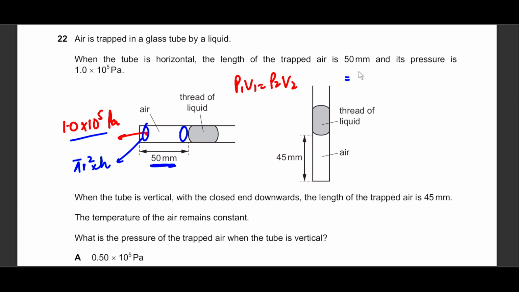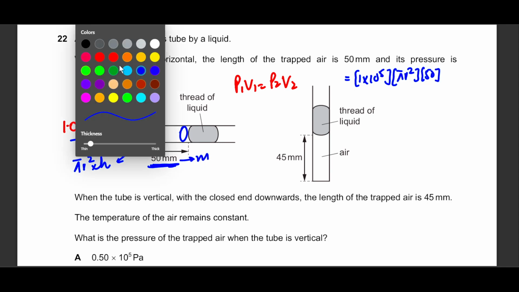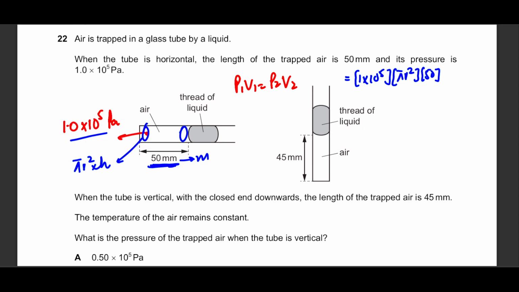So if we do this properly, conceptually, this should be 1 into 10 raised to the power 5. The original volume will be pi r squared multiplied by 50. 50 is still to be converted into meters, but we're skipping that because on the right-hand side, we're going to get the same thing. Equals P2 V2 condition, in which we want to find the new pressure. We don't know it, so P multiplied by circular surface area, pi r square, multiplied by 45 millimeters.